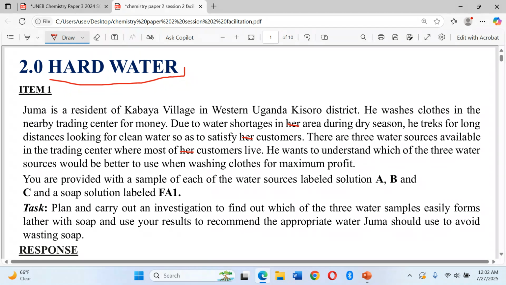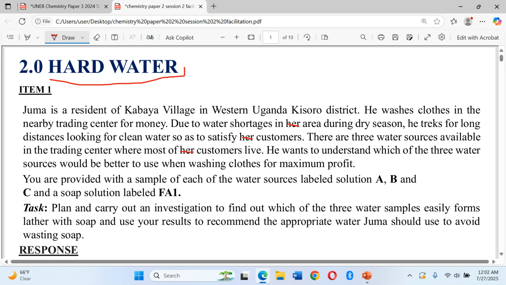Now, in this item, we have not separated the parts, part A, part B, part C. But I believe, because already in session number 1 we talked about what we need to cover: the aim, the preliminary work, the planning phase, then the data and analysis, and then the conclusion and the recommendation.